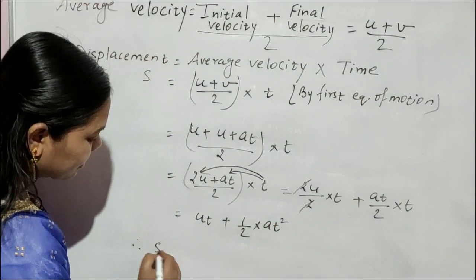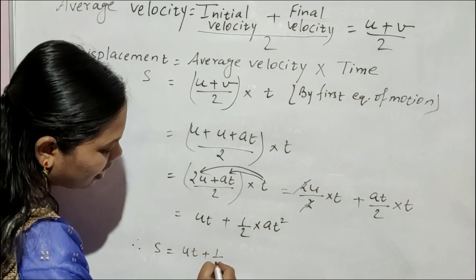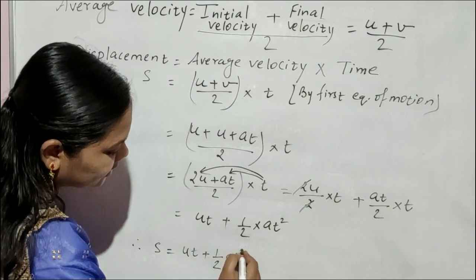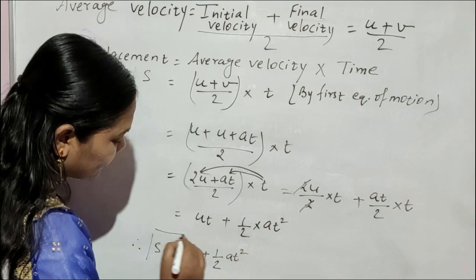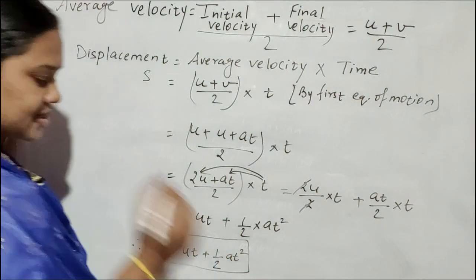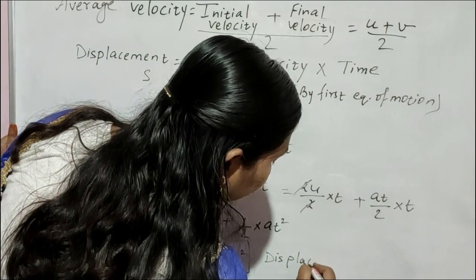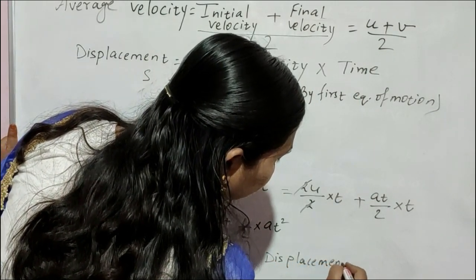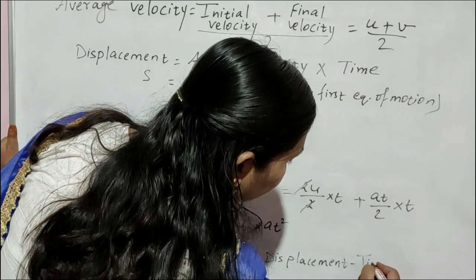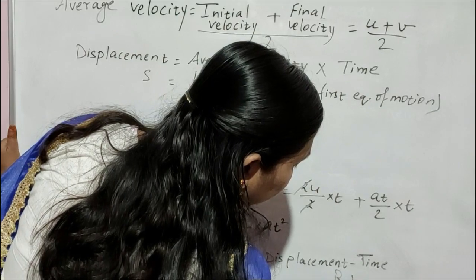Therefore S is equal to ut plus half at square. That is our second equation of motion. What is the second equation of motion? The displacement-time relation.